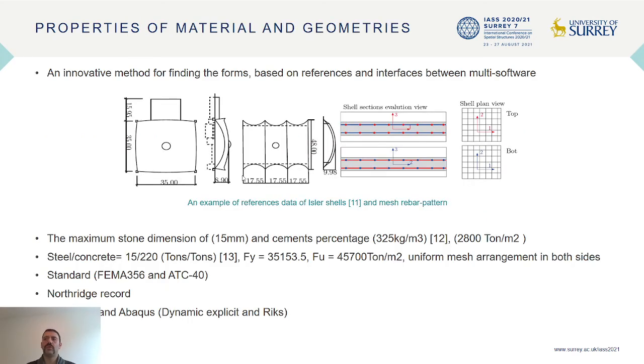For that, we remodeled the shells, referred to lots of references, and selected the properties, geometries, and so on. We developed a special method for finding their forms and remodeling them, which was discussed in another paper. We also used SAP and Abaqus as the main software, working in parallel to compare the results with each other.